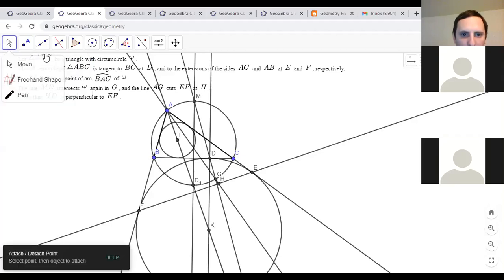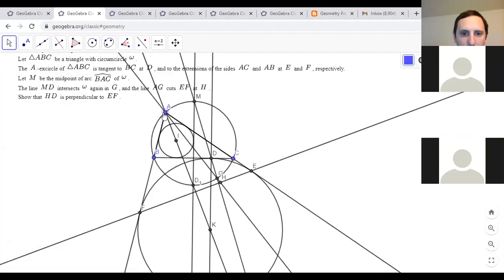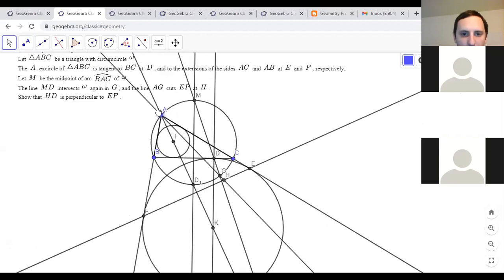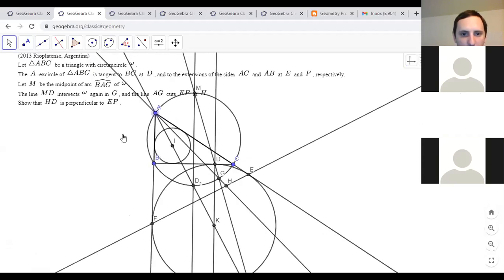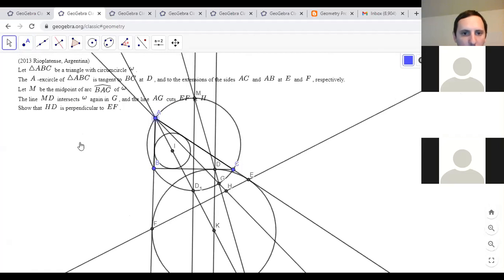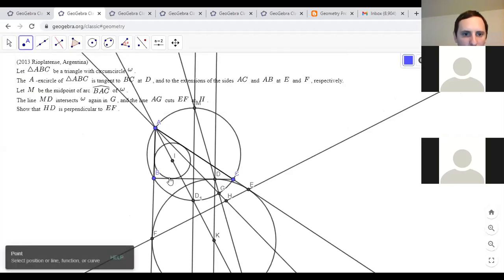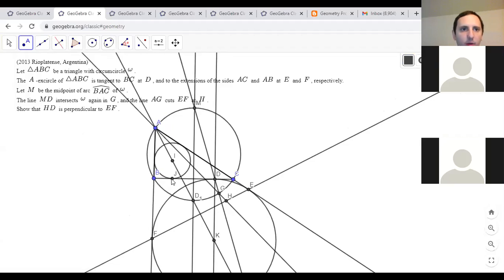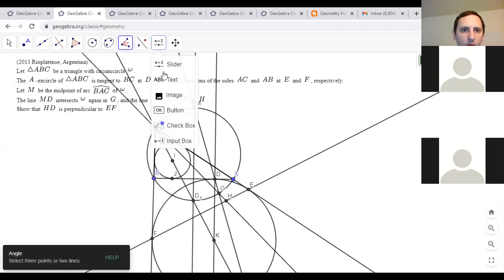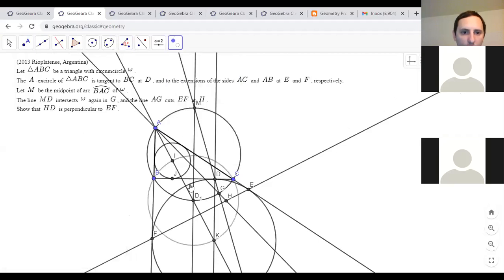Okay, so we want to show HD is perpendicular to EF. It's probably worth drawing this point too.